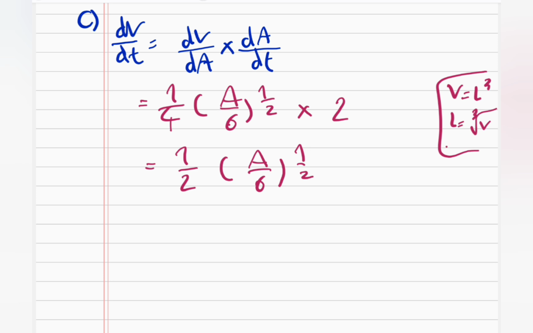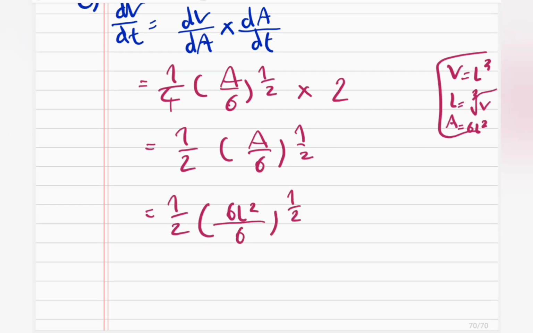Also, there was another thing I forgot to mention. The surface area is equal to 6L squared. So we can here substitute 6L squared for A, so we have surface area divided by 6 to the power of half, and then simplify this.